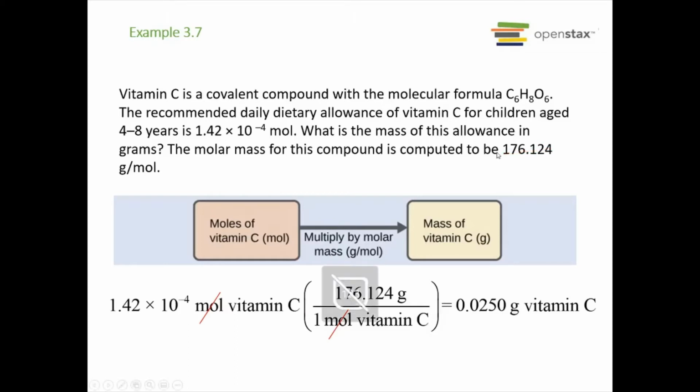So we have moles. We want grams. So we start with what we have. We have the molar mass, grams over moles. Moles cancel. We get 0.0250 grams of vitamin C.